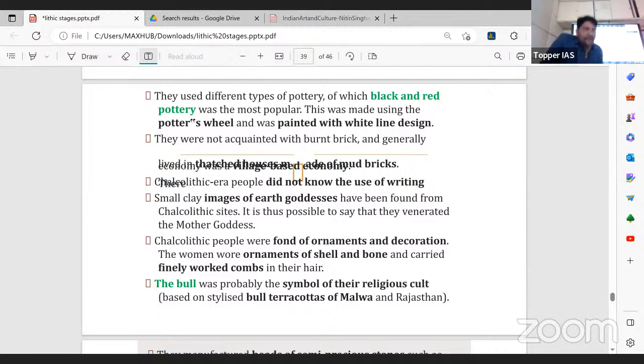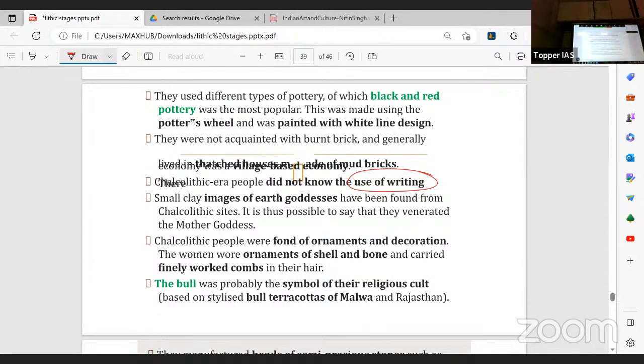These people also did not know the use of writing. They had no knowledge of writing, even the Chalcolithic people. But they worshipped images of an earth goddess, basically a mother goddess. And they were fond of ornaments and decoration. They made themselves up and used ornaments, especially ornaments made of shells and bones, and carried finely worked combs in their hair.